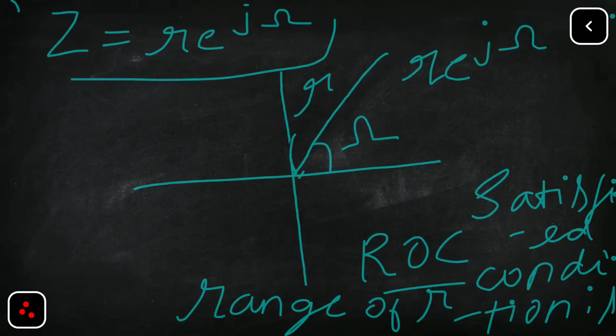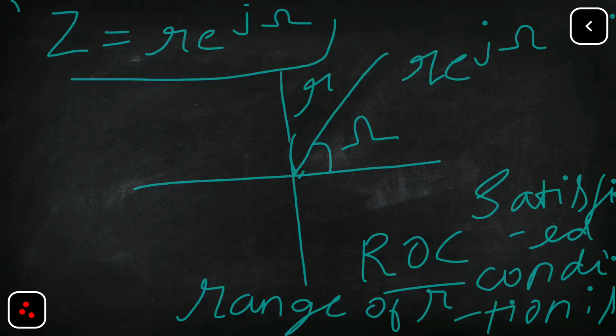So what did we do? We substituted z to the power of n minus k in place of x of n minus k. There we took z to the power of n outside, and we got one equation, the summation over k from minus infinity to infinity of h of k into z to the power of minus k, and that we call H of z, right?